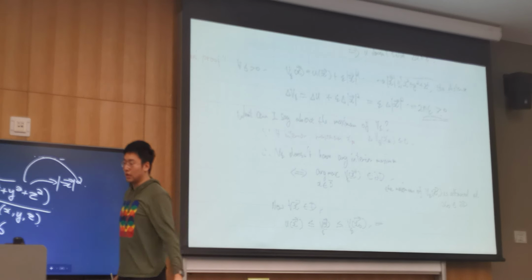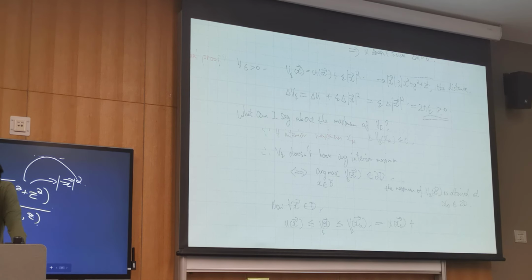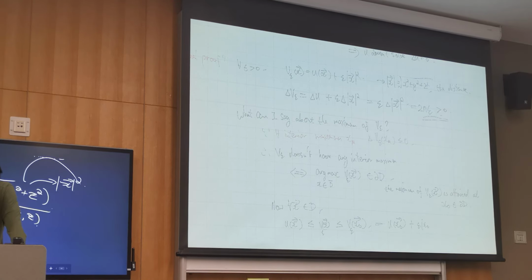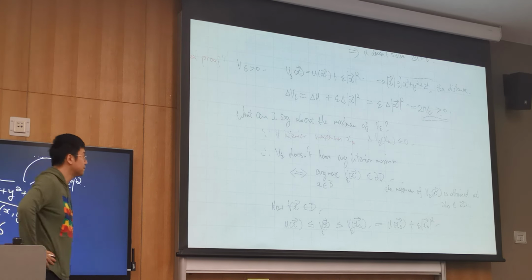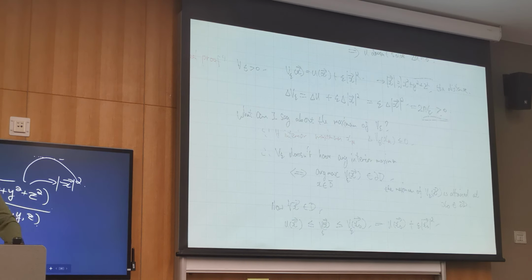According to the definition, my v epsilon(x0) is actually u(x0) plus epsilon x0 squared.